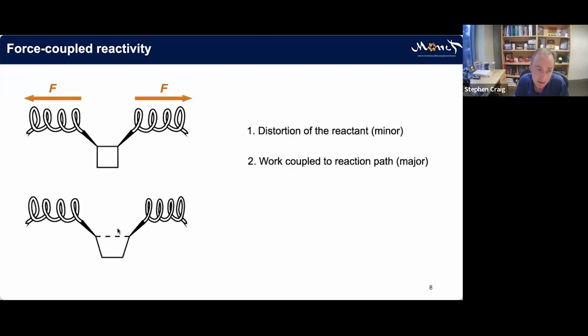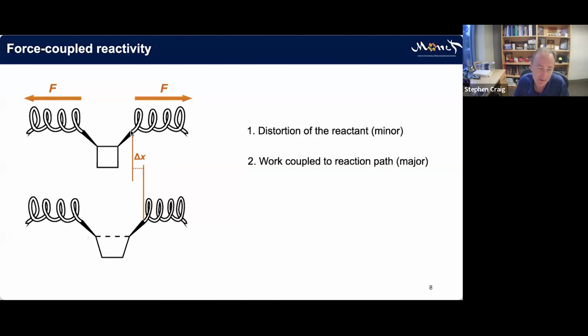as my chemical potential energy of the cyclobutane goes up, the mechanical potential energy in my spring goes down, because now the spring can relax a little bit as the reactant gets longer.